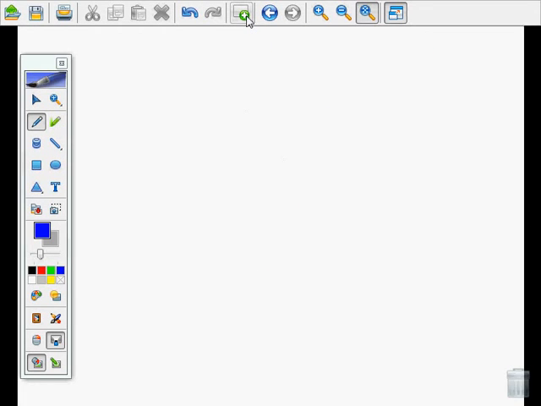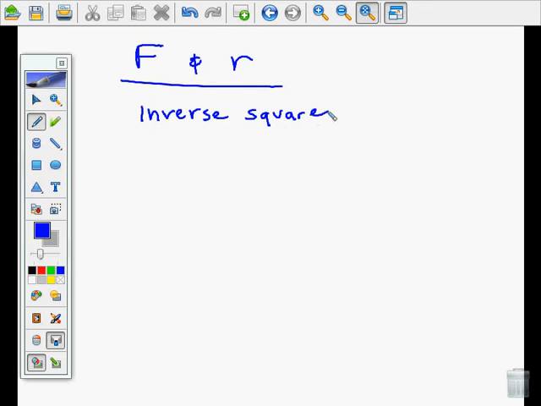So the relationship between the force and the distance r is called an inverse square relationship. So, for example, if the distance is quadrupled, well, that means that the distance r is going to be multiplied by 4.